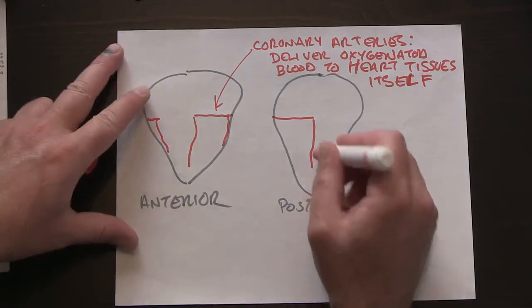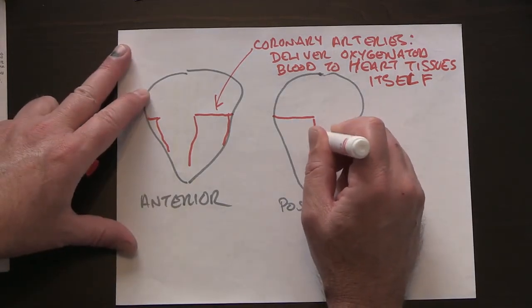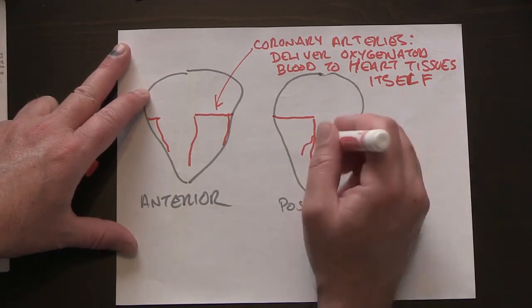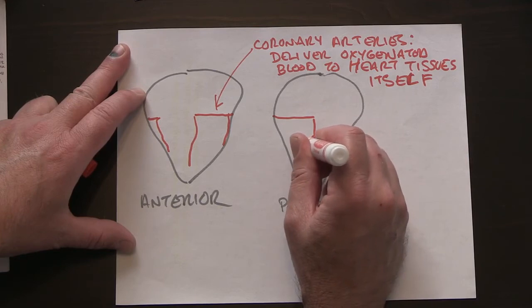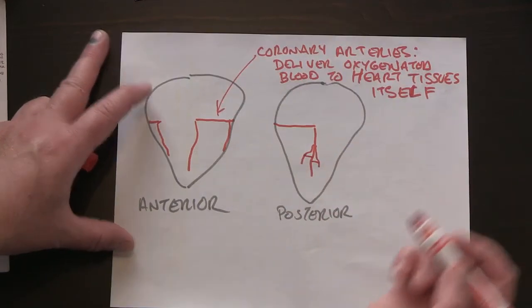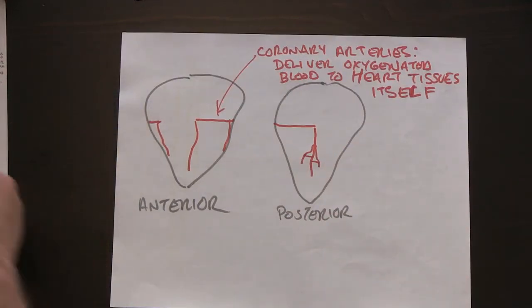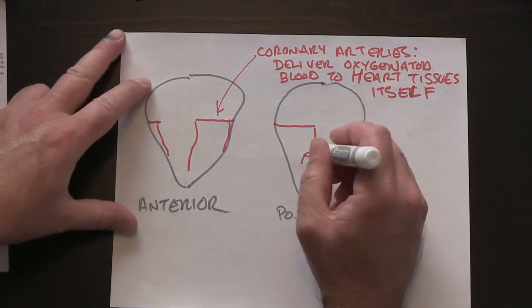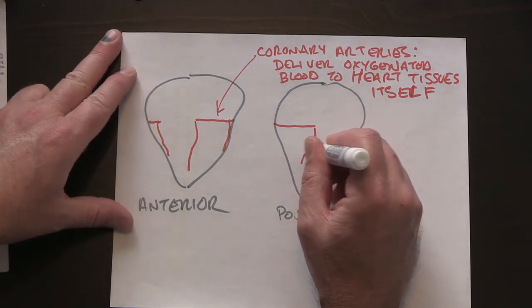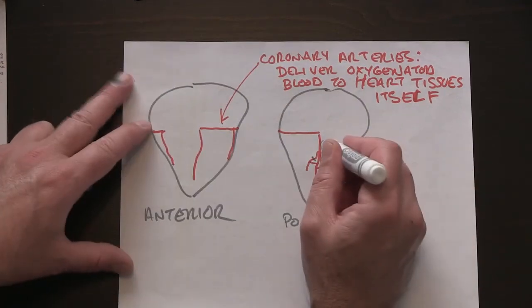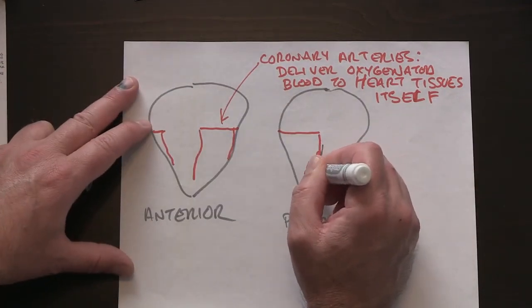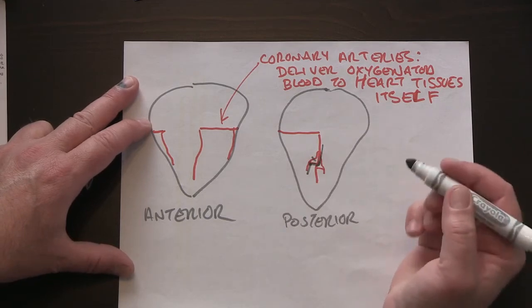If we were to look at the very small ends of these, there are what are known as anastomoses that will kind of still, so if, let's say, this one over here gets blocked for some reason, the blood will still be able to continue across that anastomosis and still deliver blood to that section of the heart.